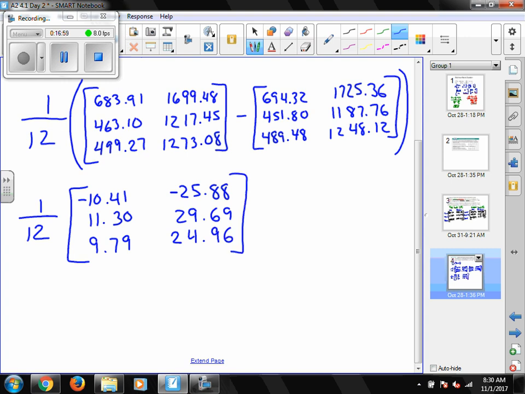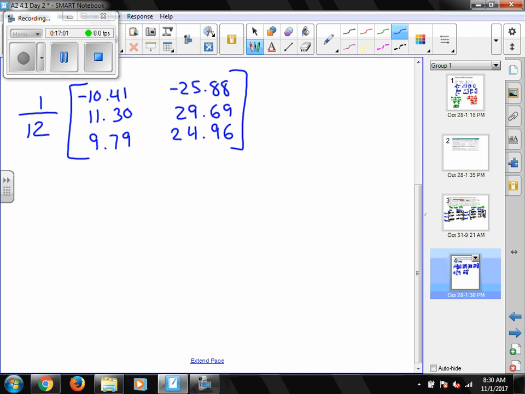And now I just multiply each of these by 1/12. If you want to put this into your calculator, it's easy enough to divide each entry by 12. That's the same thing as multiplying by 1/12. So I end up with, on the left-hand column, negative 10.41 divided by 12 is going to give me negative 0.87. I just rounded to 2 decimal places because we're working with money. 11.30 divided by 12 is going to give me 0.94.